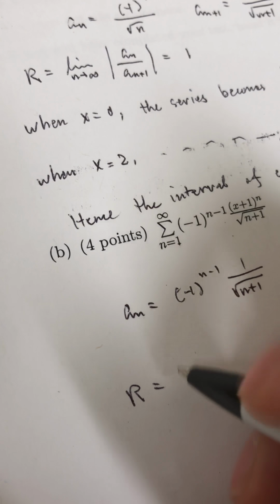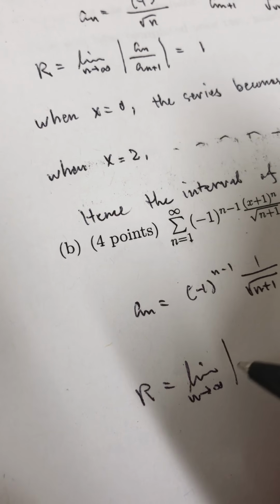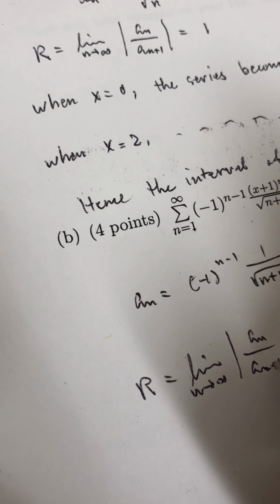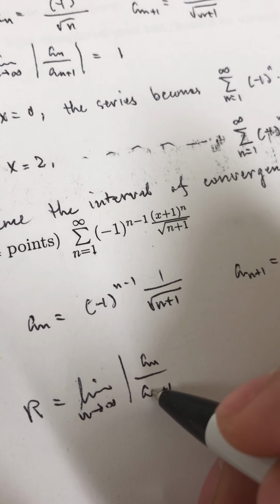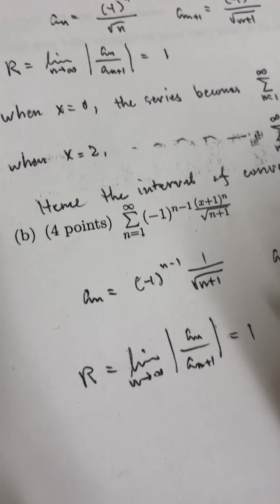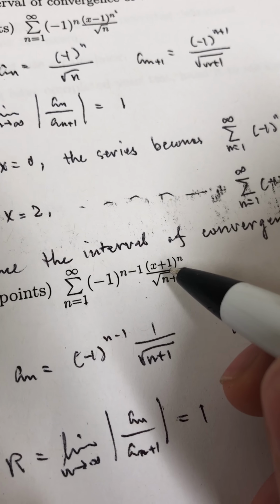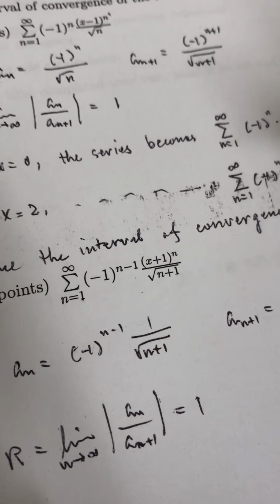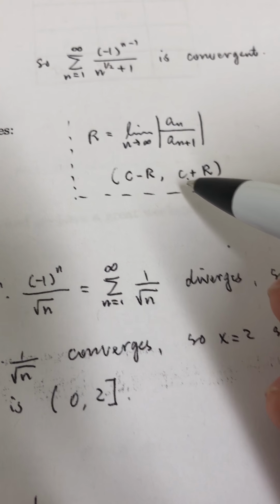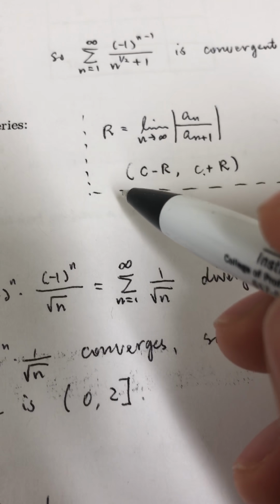R is equal to the limit of the absolute value of an over an plus 1, which is also equal to 1. In this case, C is equal to negative 1. So the interval should be negative 1 minus 1, which is negative 2, to negative 1 plus 1, which is 0. So it's negative 2 to 0.